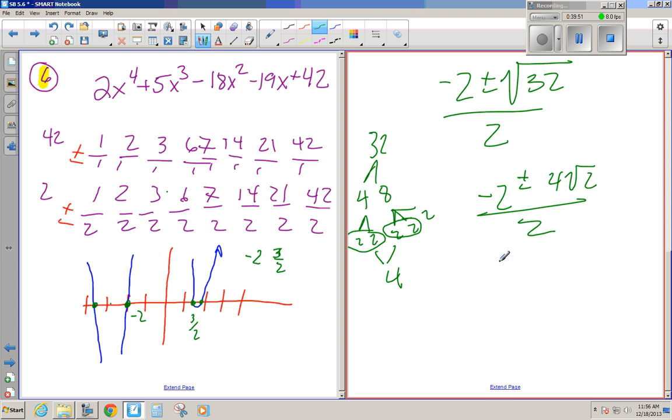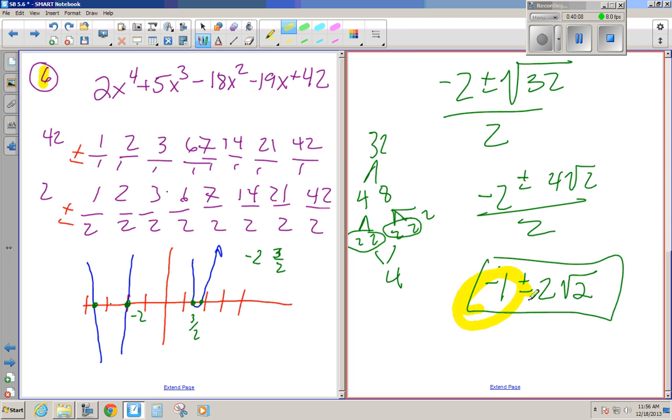But -2, 4, and 2 can become -1 plus or minus 2 square root 2. This is the best answer. You will have gotten the credit from way up here somewhere. But these are the last two zeros. Okay? Last two zeros.